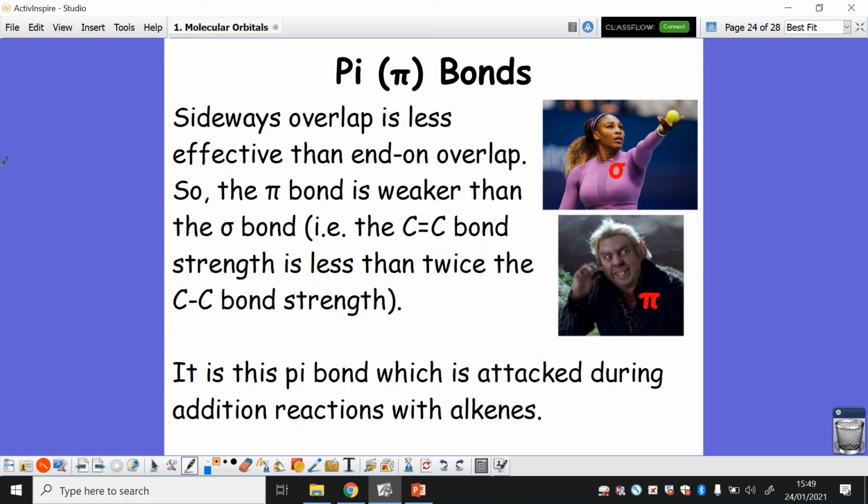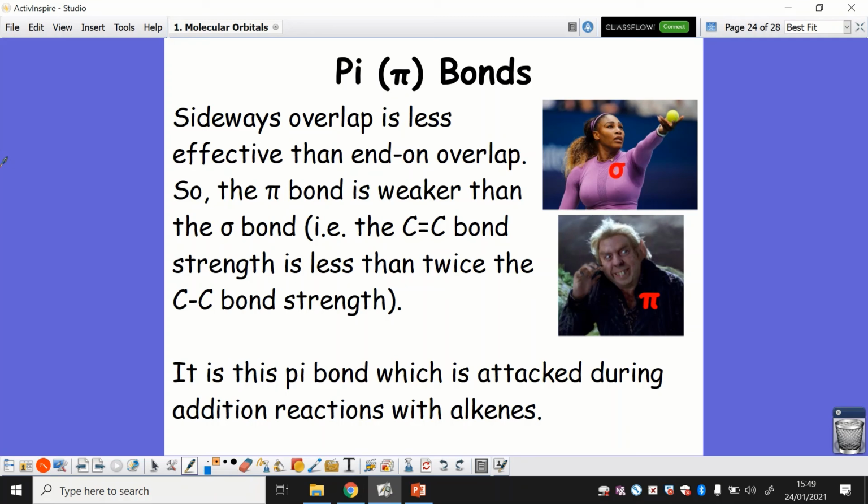And I try to think of someone who I wouldn't feel bad calling weak, whose name began with P for pi. I could only think of Peter Pettigrew from Harry Potter. I hope you're all a fan, or else you've no idea what I'm talking about, but we're just going to go with it. So the pi bond is weaker than the sigma bond.